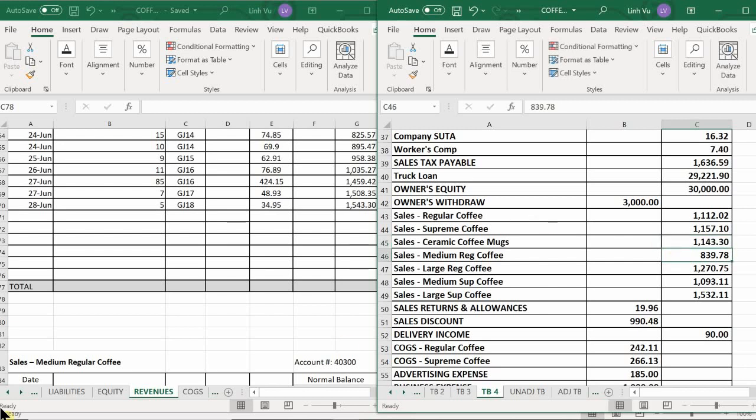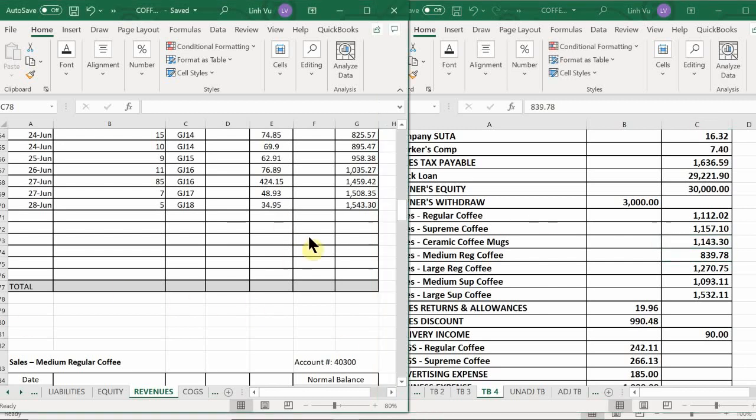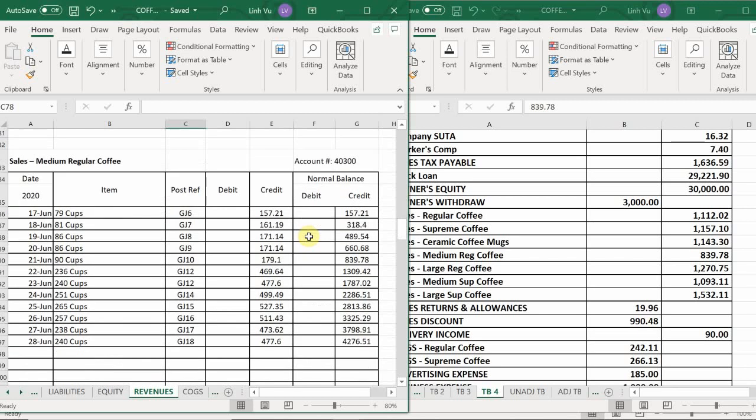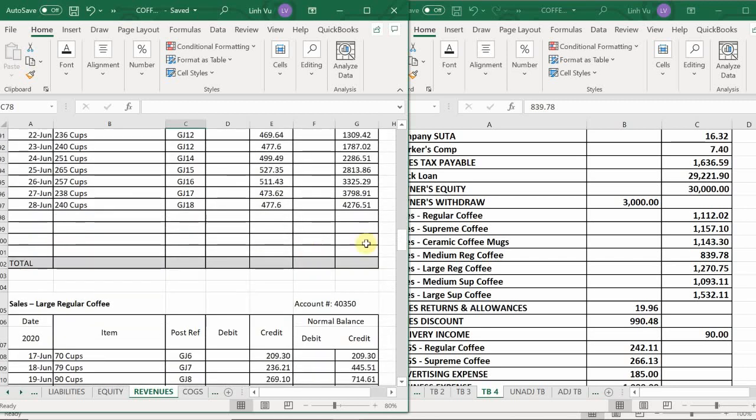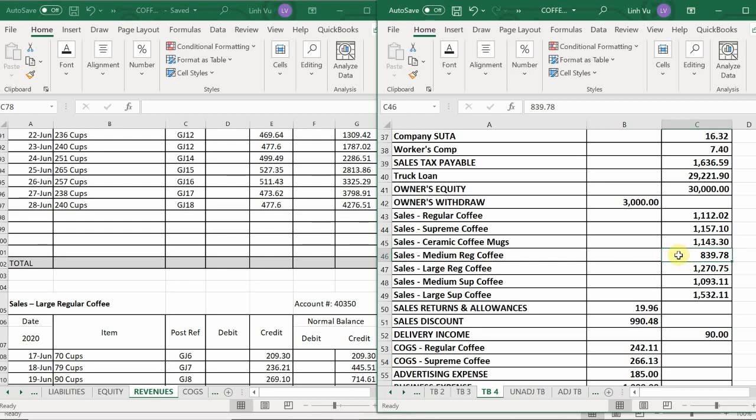Okay. My sales for the medium regular coffee, 4276.51. Okay.